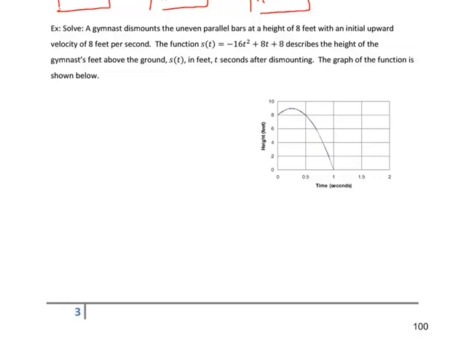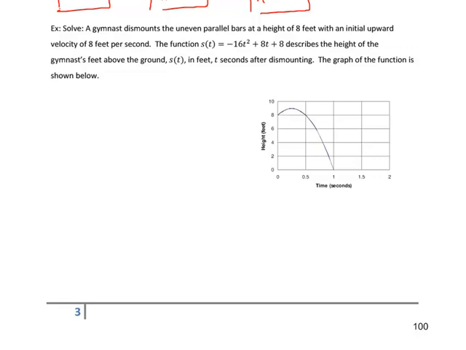In this case, the function is s of t, which is height, is equal to negative 16t squared, where t is going to be the time in seconds, plus 8t plus 8. That's the height of the gymnast's feet above the ground, in feet, t seconds after mounting.